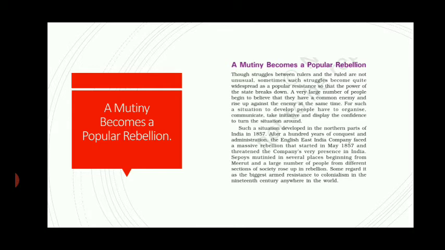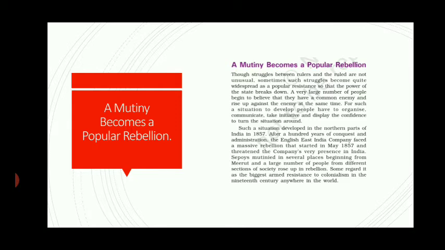From that they earned so much that they started maintaining their standing army and their forts, and slowly they conquered a large part of India. So the revolt of 1857 for the first time threatened the presence of the East India Company in India.